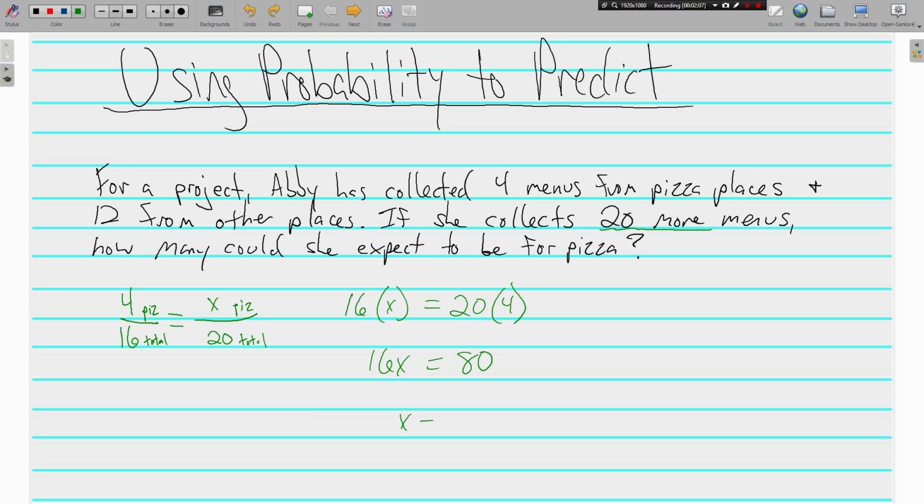Divide both sides by 16 and we get x equals 5. So Abby could expect 5 out of the 20 menus to be for pizza. Again, we're predicting: she had 4 out of 16 that were for pizza, so if she collected 20 more, probably 5 are for pizza.